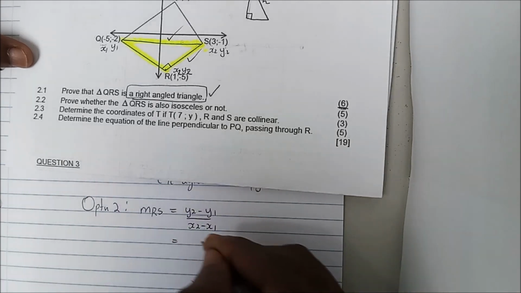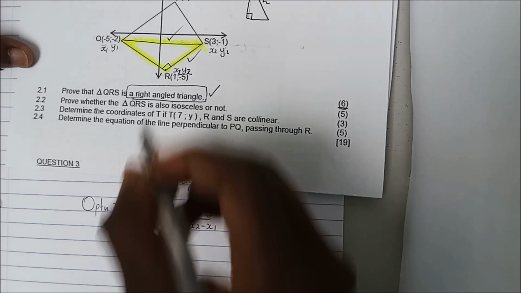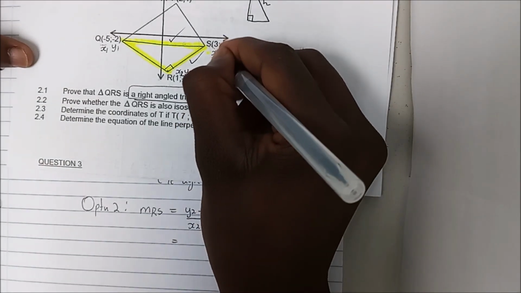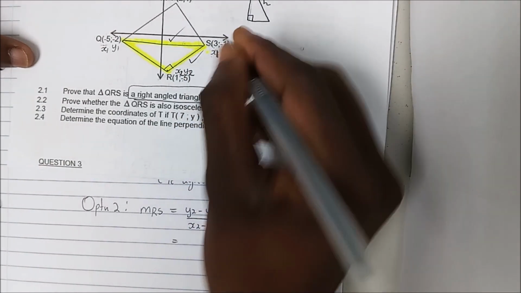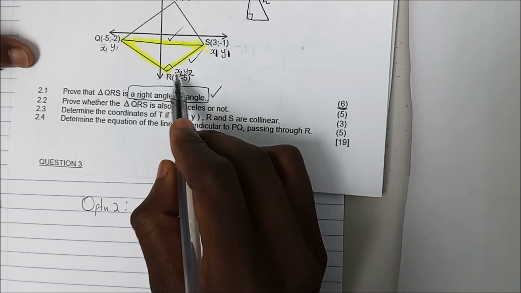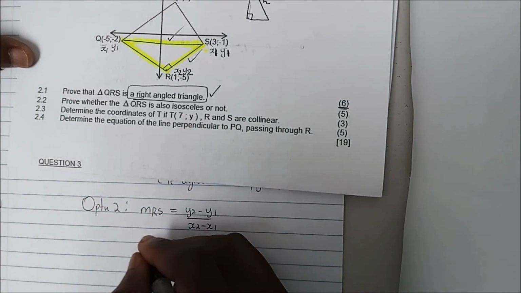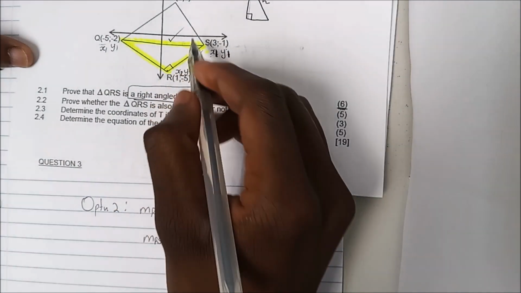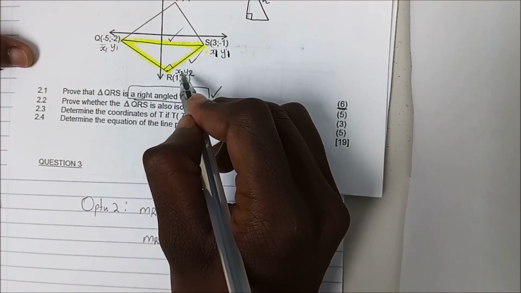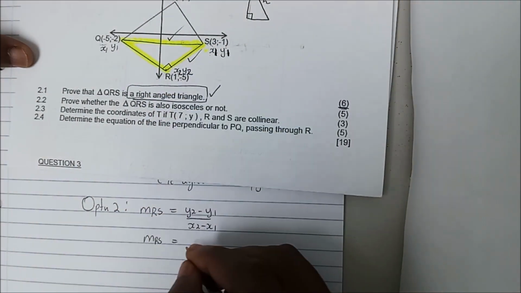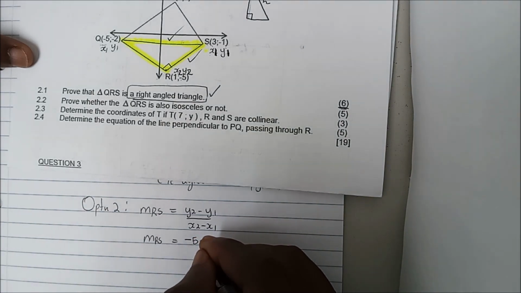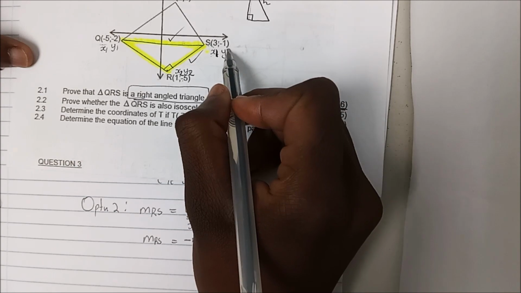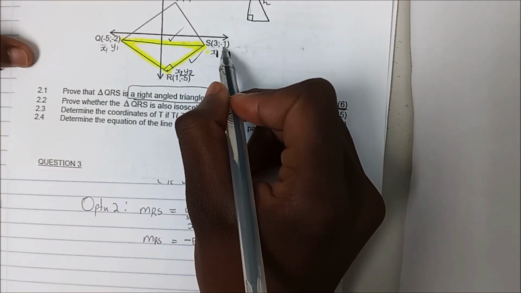So now let's go ahead and find the gradient. Since we have x2, y2 and x1, y1, we can make this one to be 1, 1, or we can change this one to be 1, 1, no problem. So now the gradient of RS, what is our y2? If you look at that, our y2 here is -5. So we will have -5 minus, and then what is our y1? Y1 from the naming we can see that is -1.